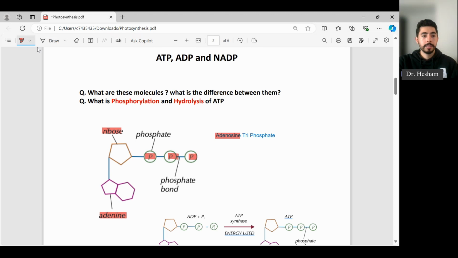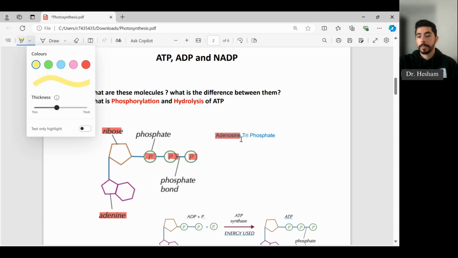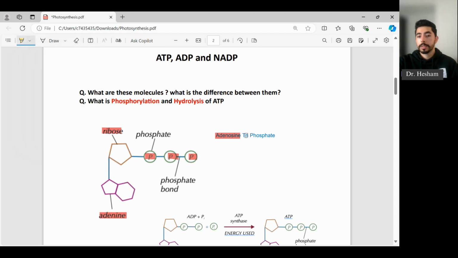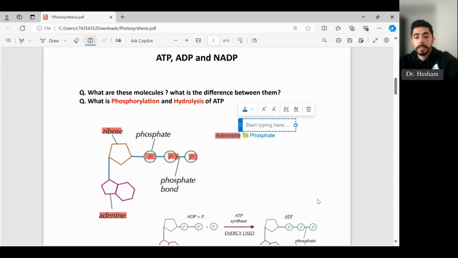Tri is a prefix meaning 3. Why the number 3? Because it contains 3 phosphate molecules. So triphosphate, adenosine, and 3 phosphates, ATP.